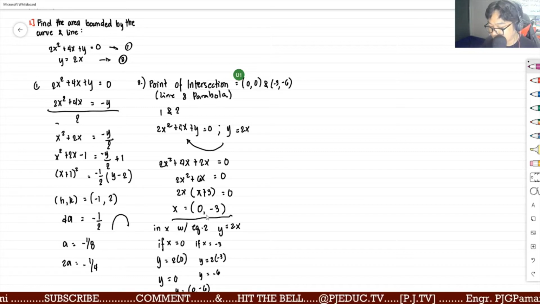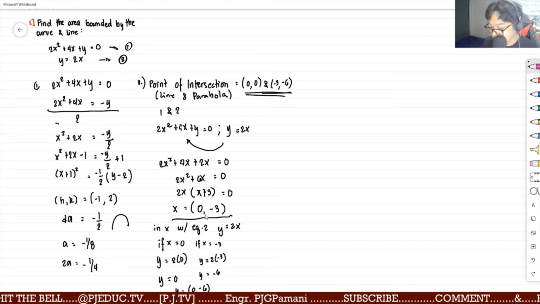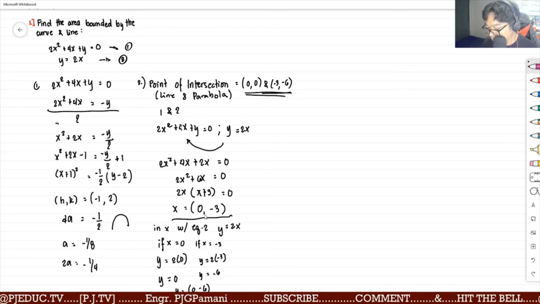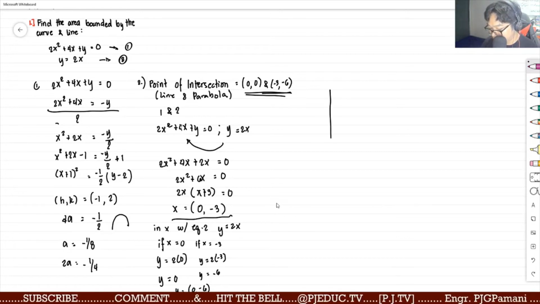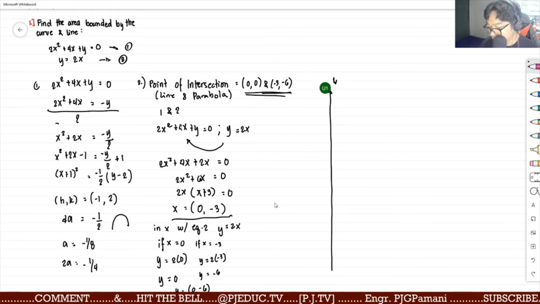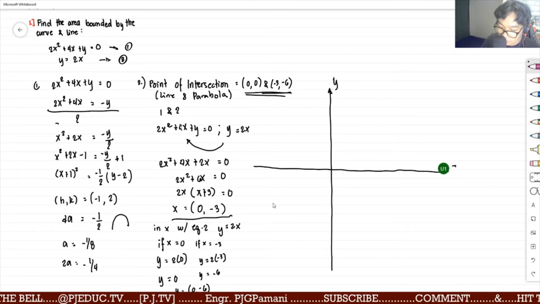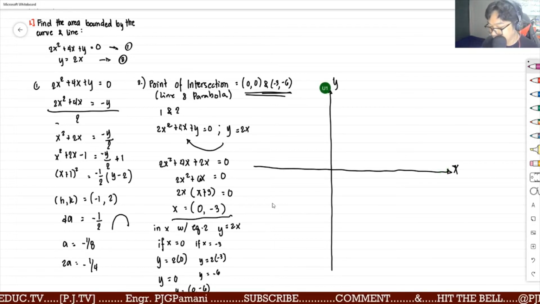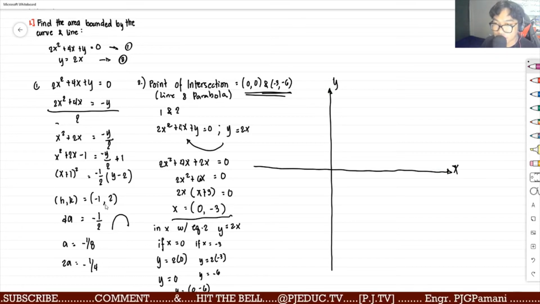With that said, we are now ready to plot our curve and our line in a Cartesian plane. So please bear with my drawing. So for our Cartesian plane, type lang natin yung ating x and y axis. Okay. So remember that the vertex was found at negative 1 and positive 2.